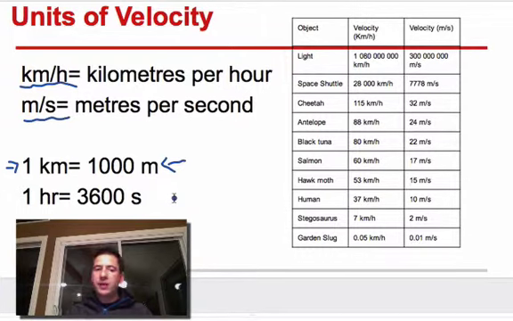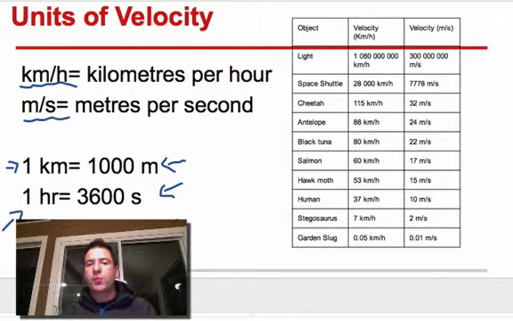Most of you probably know that already, but 1 kilometer equals 1,000 meters, whereas 1 hour equals 3,600 seconds. For conversion purposes, in some questions you might have to convert minutes to seconds, or hours to seconds, or kilometers into meters, meters into kilometers, vice versa.